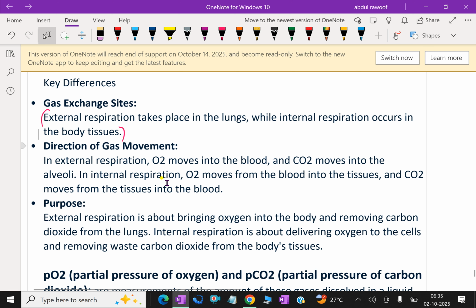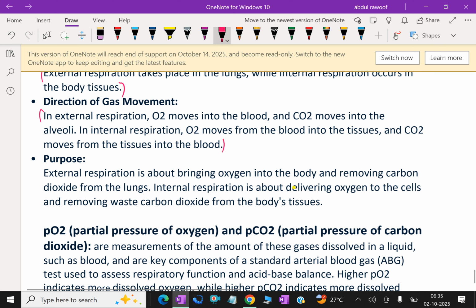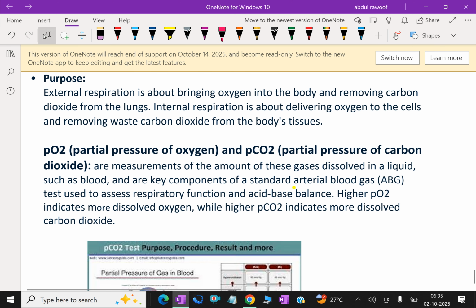In internal respiration, O2 moves from the blood into the tissues and CO2 moves from the tissues into the blood. Purpose: external respiration is about bringing oxygen into the body and removing carbon dioxide from the lungs. Internal respiration is about delivering oxygen to the cells and removing waste carbon dioxide from the body's tissue.